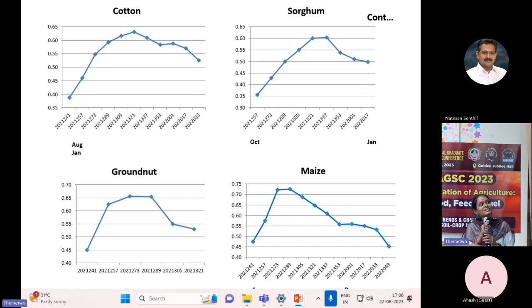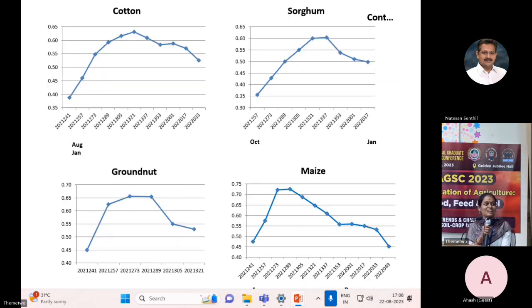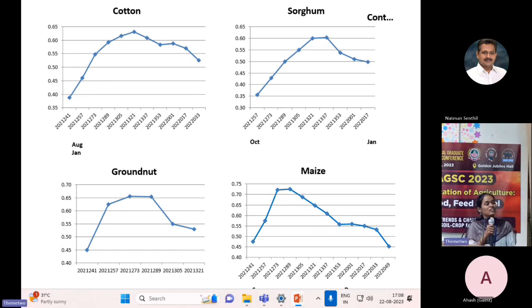And groundnut, it starts in the month of October and ends in December. For maize, it starts in the same October and ends in January.